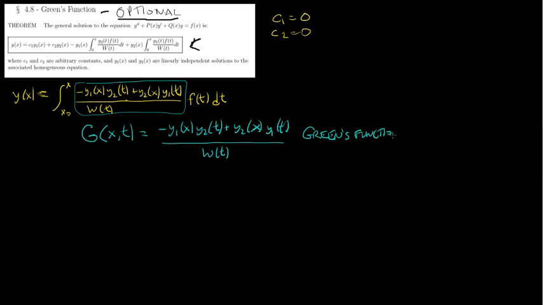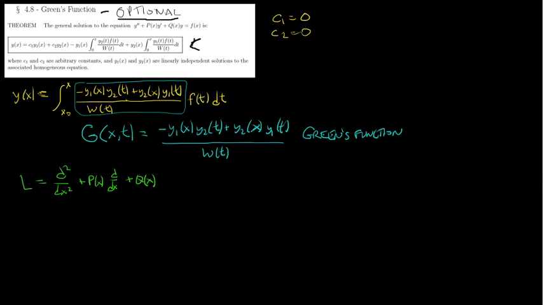Or I should say that it's Green's function for a particular linear operator. So the linear operator here, in this case, I'll call it L. It's just going to be the second derivative with respect to x plus p of x times the first derivative with respect to x plus q of x.